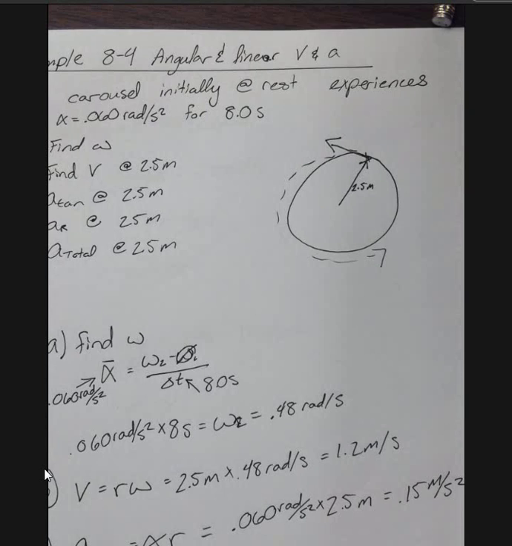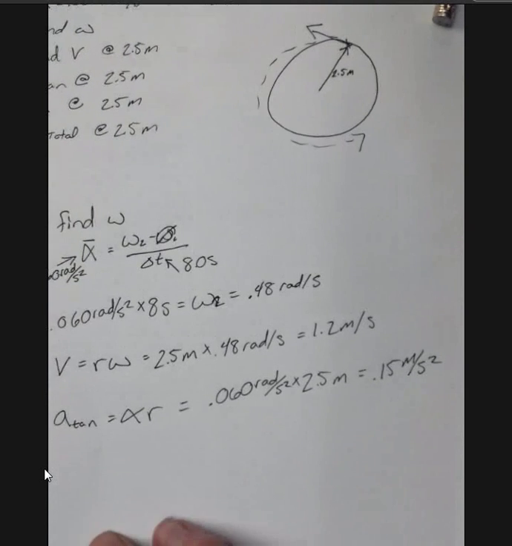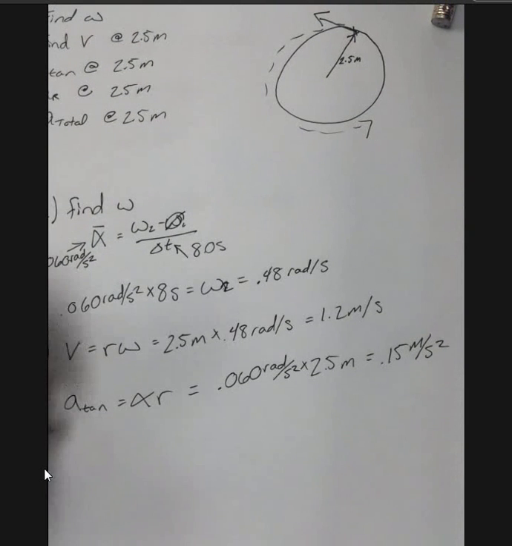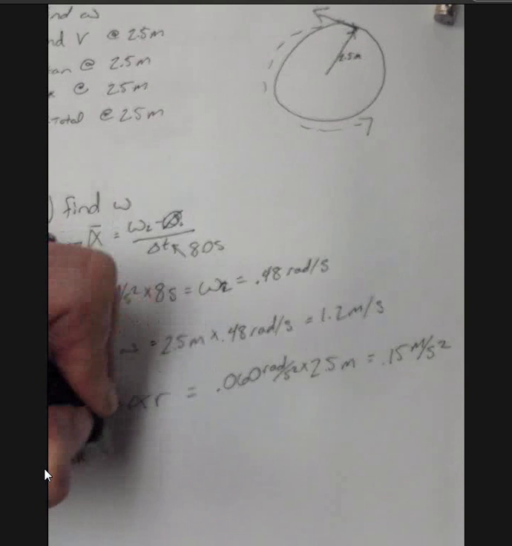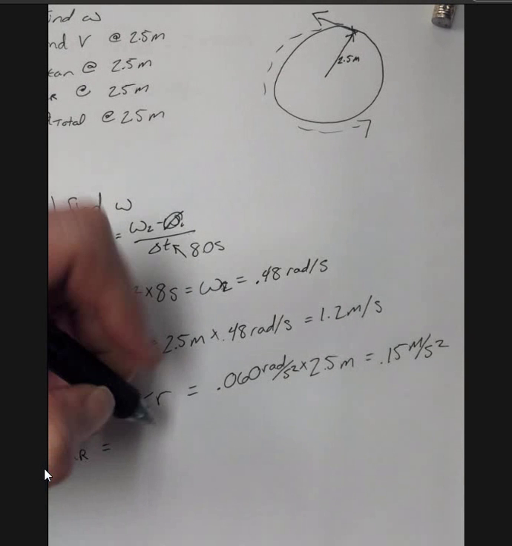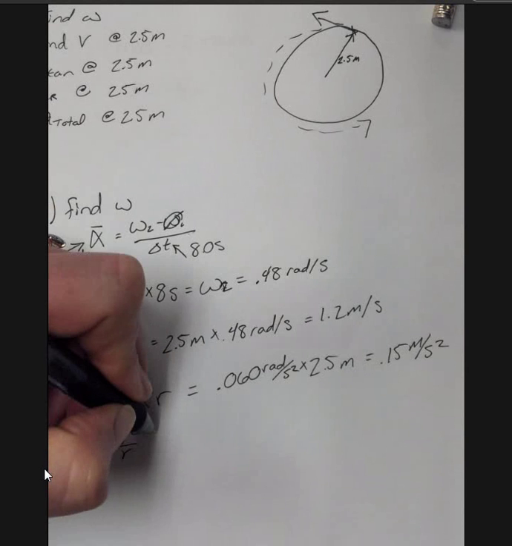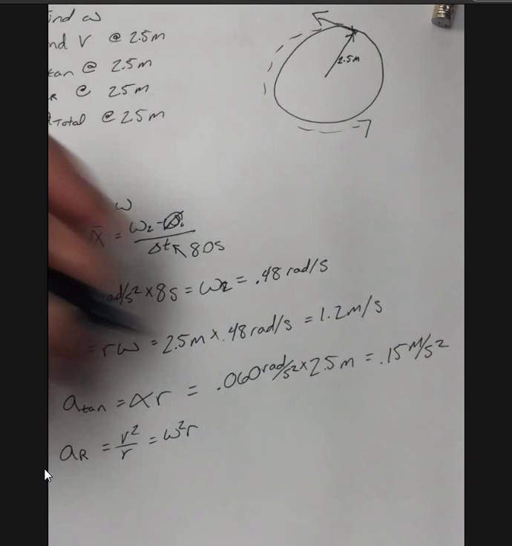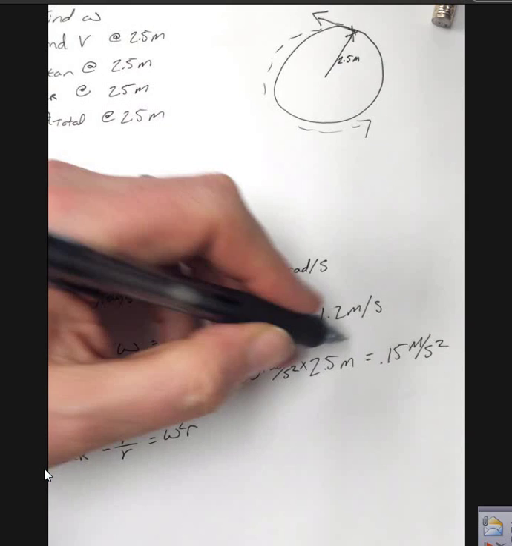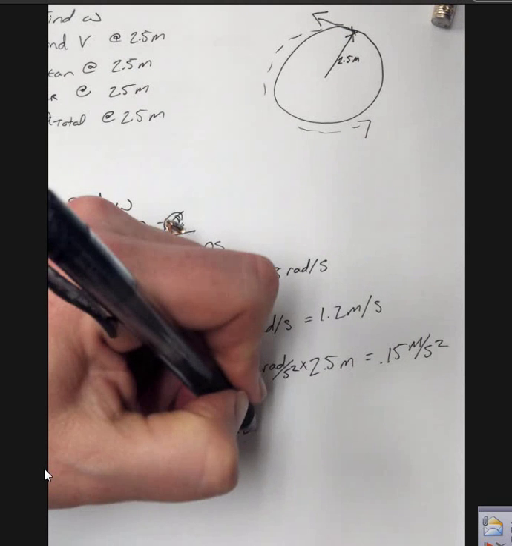That's our tangential acceleration. Now we can find our radial or centripetal acceleration, which is v squared over r, or we could do omega squared times r. I'm going to do v squared over r because I have 1.2 meters per second.